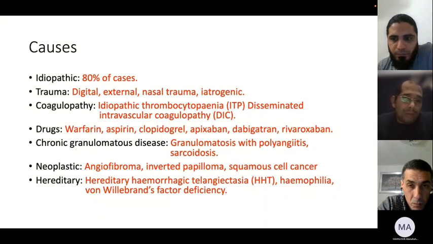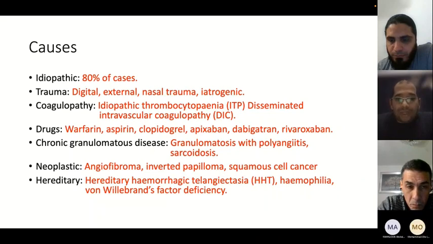Other causes include coagulopathy, including idiopathic thrombocytopenic purpura, disseminated intravascular coagulopathy, and any other coagulopathy can affect the nasal mucosa. Drugs like warfarin, aspirin, clopidogrel, apixaban, dabigatran, rivaroxaban are very common in patients suffering from epistaxis, especially in old age.